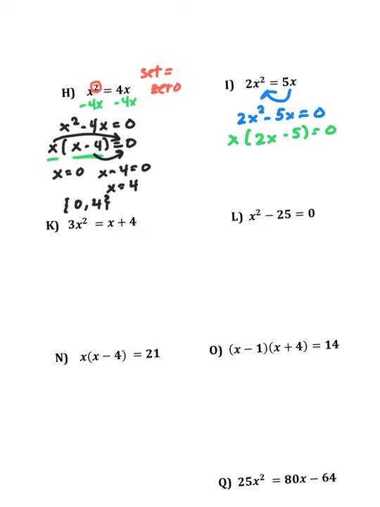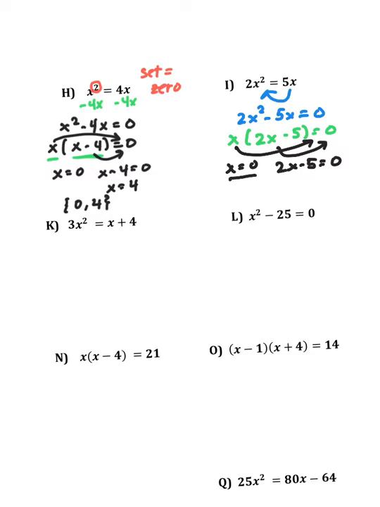So I've set it equal to 0, and now I can use the zero product property. Something times something is equal to 0, which means one of those things, or both, are equal to 0, right? So my first answer is x equals 0.